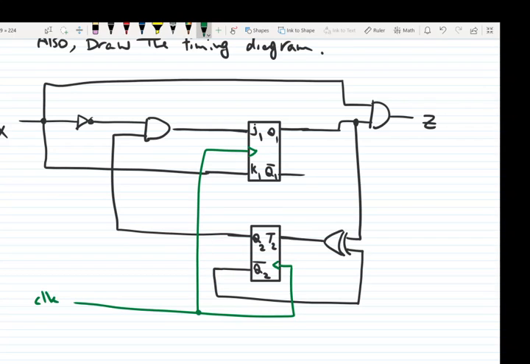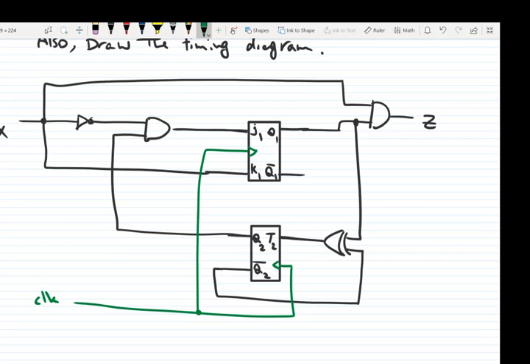Which is the common clock, and we want to analyze this circuit. As you remember, I mentioned that we start by labeling the outputs and also finding the functions of each combinational circuit or gate. So let's do that.